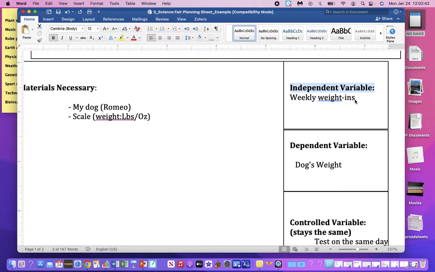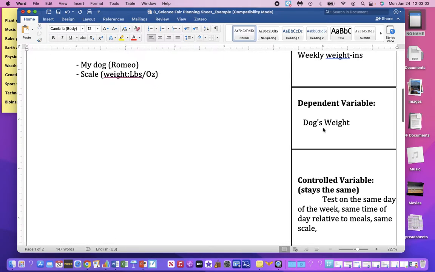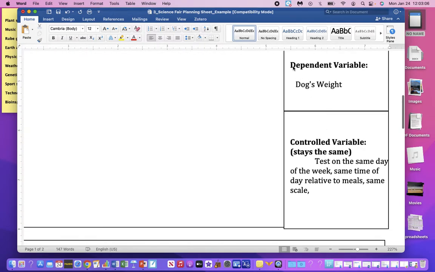And I actually have a friend whose puppy was born on the same exact day as mine. They're not related, but every now and then I can weigh him in. So maybe that's a good option for me. Independent variable, it'll help me understand if another dog is going to be more or less accurate according to this website. The dependent variable, that's the thing that we measure, in this case my dog's weight.